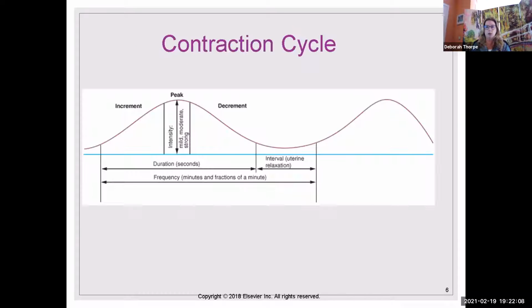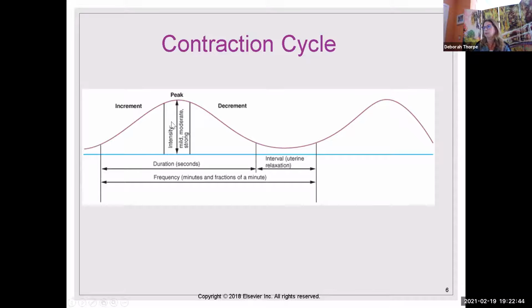A typical contraction cycle consists of, you can see here where the contraction is going up, they call it the increment. The increment gets to the peak, and then you have the decreasing or the loosening of the contraction. And here they're showing you this is when you're measuring, and those of you who have maybe seen this in L&D, they call these Montevideo.